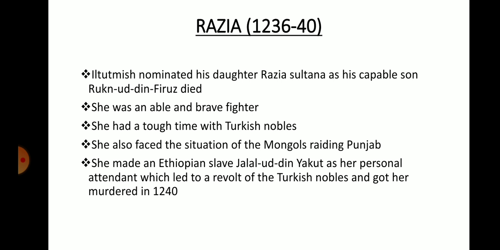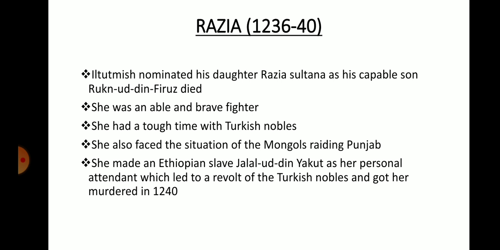Okay, she also made an Ethiopian slave named Jalaluddin Yaqut her personal attendant. So, not trusting the local nobles, she made an Ethiopian slave her attendant. So, this decision led to a great revolt.